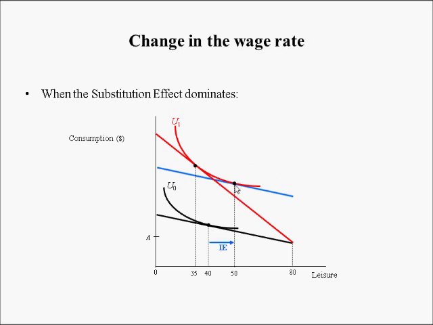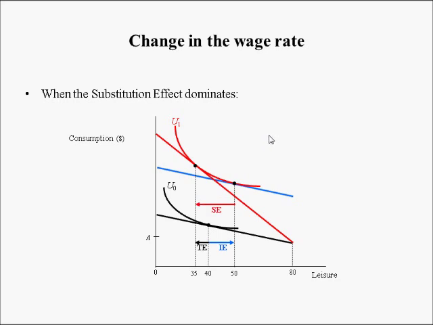The substitution effect, again, is the movement from the hypothetical optimal solution to the final optimal solution, along the indifference curve. We're keeping utility constant from this point to that point. As we move, leisure is falling and consumption is rising, so we're willing to trade leisure for more consumer goods. That's why we call it the substitution effect.